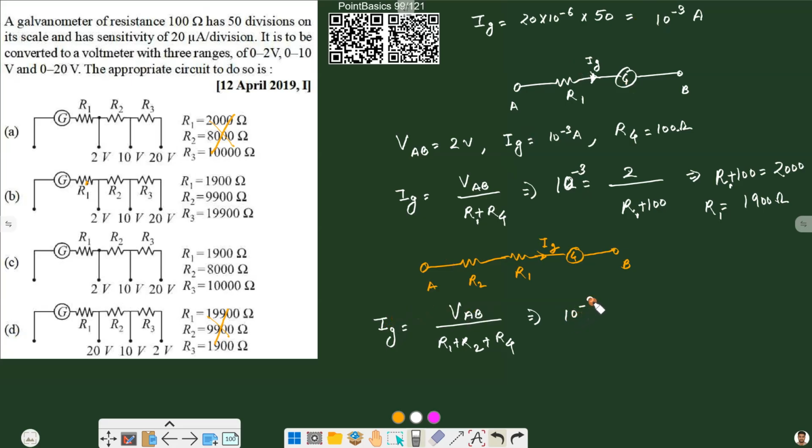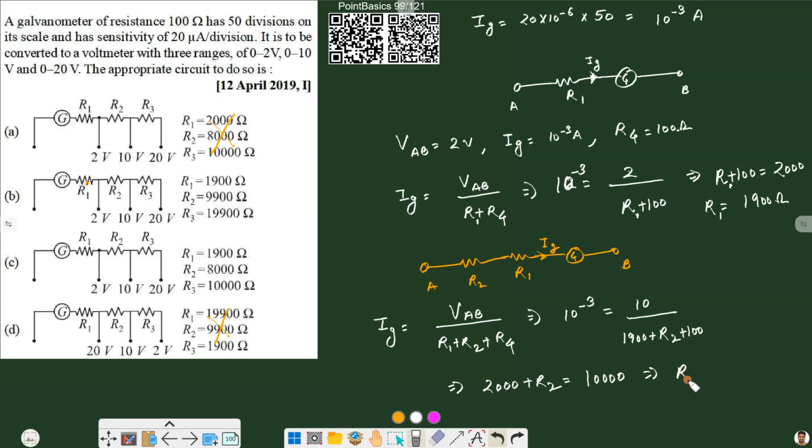So 10 raised to power minus 3 is equal to 10 divided by R1, which is known to us already, that is 1900, plus R2 plus 100, that is the galvanometer resistance. Solving this, we get 2000 plus R2 is equal to 10 by 10 raised to power minus 3, that will be 10,000.